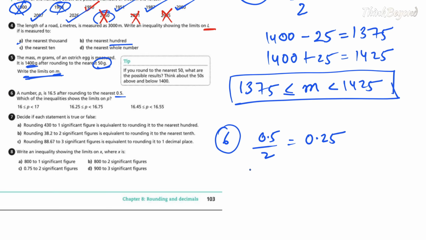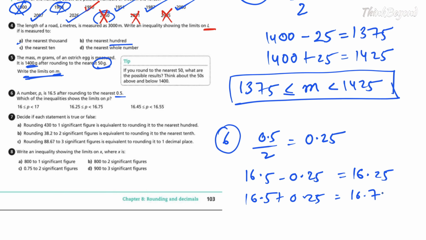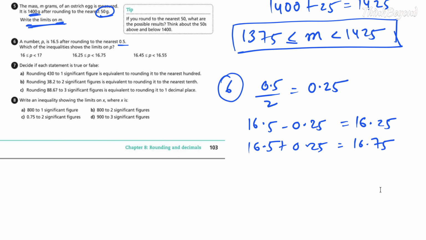Now calculate it, it was 16.5. 16.5 minus 0.25 will give you 16.25. Now 16.5 plus 0.25 will give you 16.75. Now write down the inequality. We'll write 16.25 is less than or equal to p, which is less than 16.75.